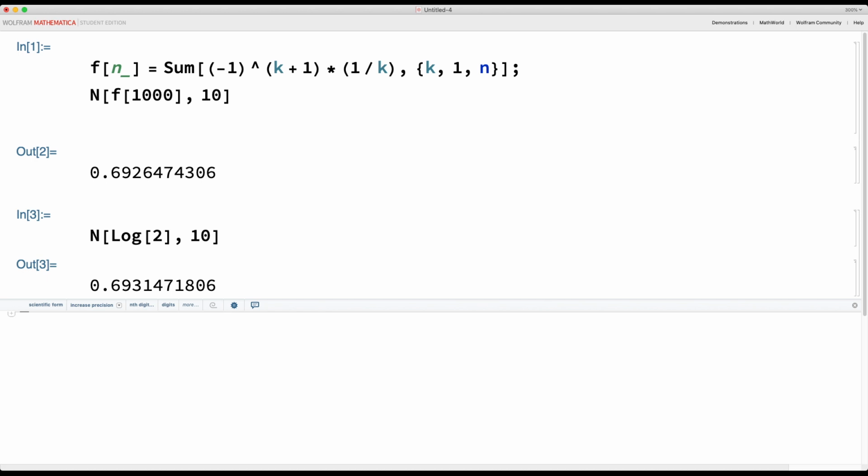A lot of times with these series, I can tell you, or you guys can tell me, whether or not a series converges or diverges, but you can't necessarily tell me exactly what it converges to. You could estimate it numerically with this Mathematica business, and that's cool, but you can't tell me precisely what it converges to.